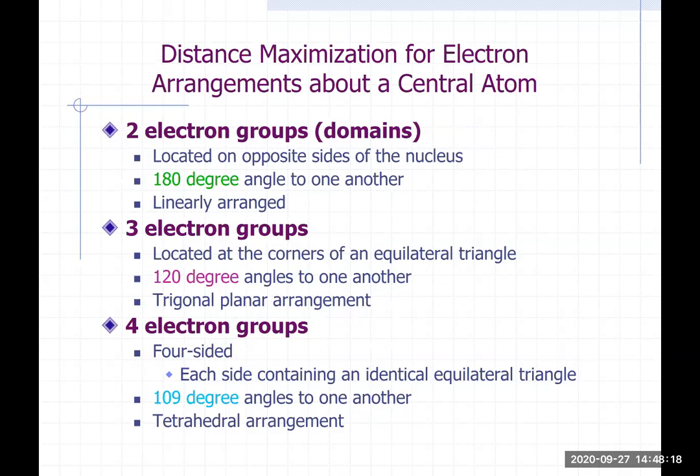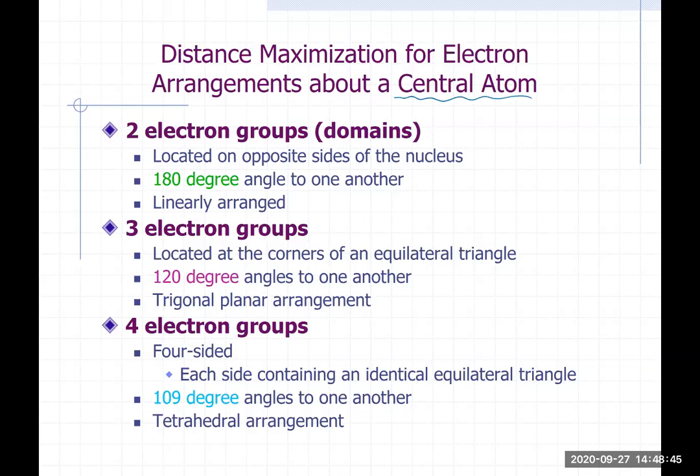The distance maximization for these electron arrangements, we view around the central atom. So we're looking at the central atom and we're saying, what are the electron arrangements surrounding that central atom? Number 1 step is draw the Lewis structure. Number 2 is look for these electron arrangements around the central atom, and I'm going to give you some examples about how you do that.